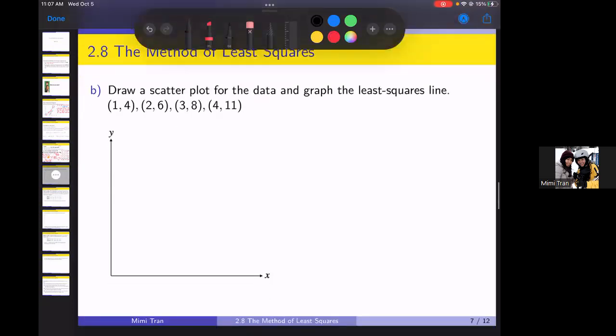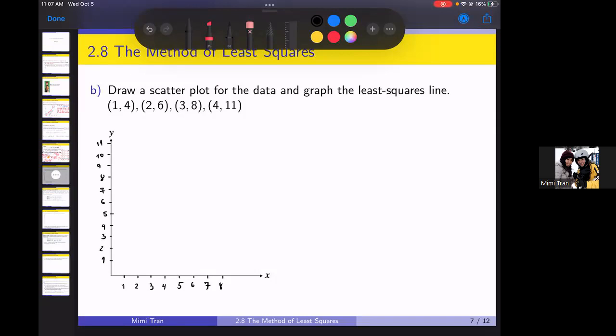So let's do the tick marks. 1, 2, too big. 1, 2, 3, 4, 5, 6, 7, 8. 1, 2, 3, 4, 5, 6, 7, 8, 9, 10, 11. On the exam, I'll give you the one with tick marks.